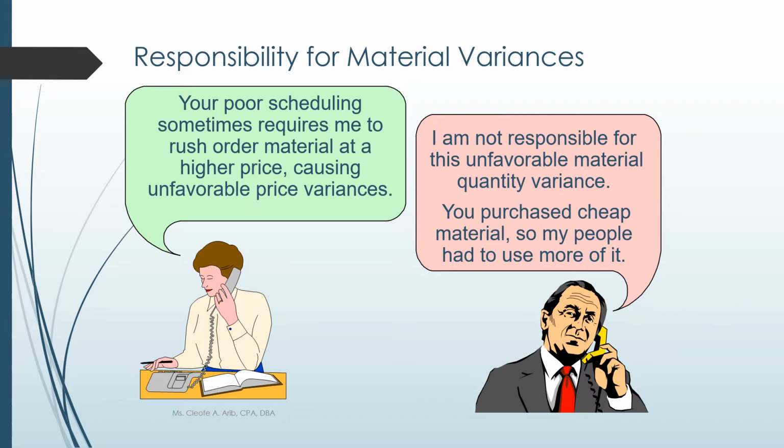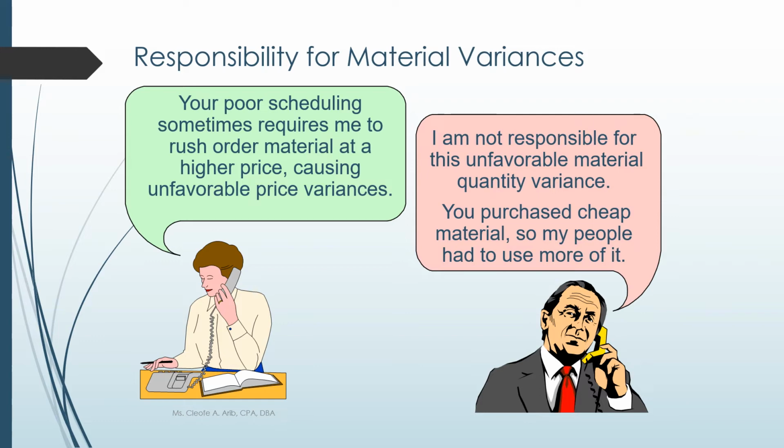Although, minsan, there are instances wherein your materials variances are not always entirely controllable by one person or department. For example, your production manager may schedule production in such a way that it requires express delivery of raw materials, resulting in an unfavorable materials price variance.